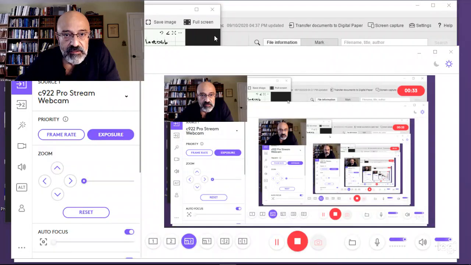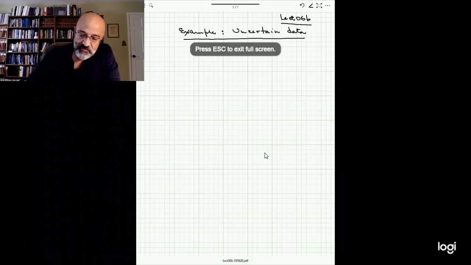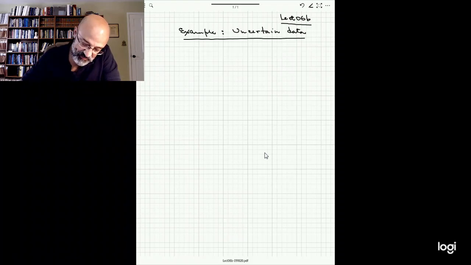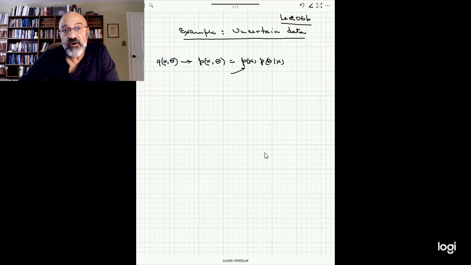So let me bring up my screen. So what happens when the data is uncertain? Now, in the standard approach, when you go from the joint prior, you update to some joint posterior, and the way we do it is we say, look, you open it up using the product rule, and you say, now we know what the marginal distribution of x is.